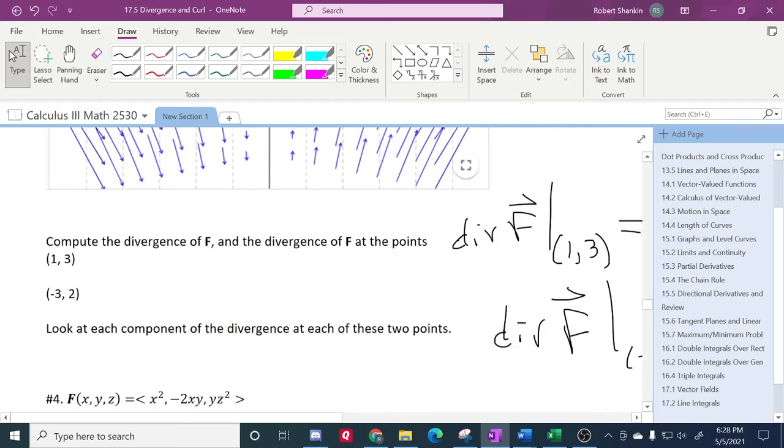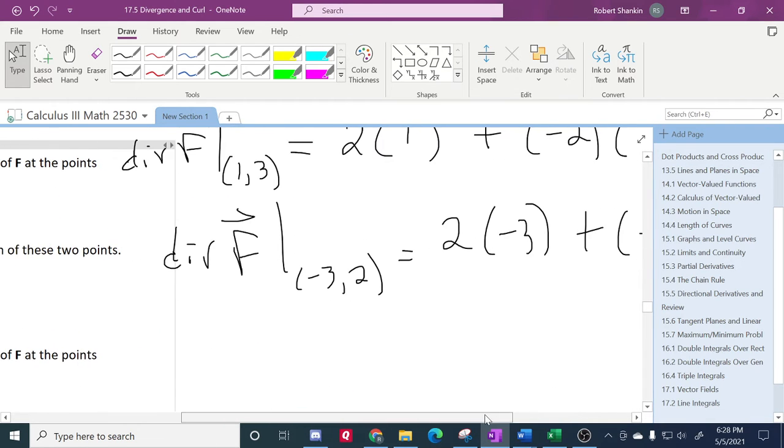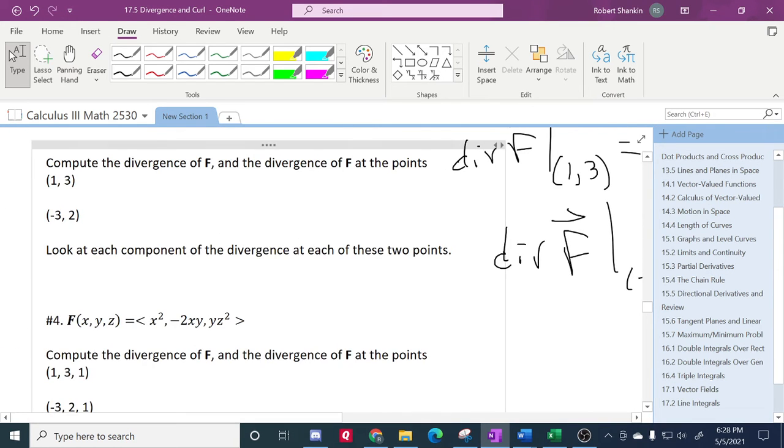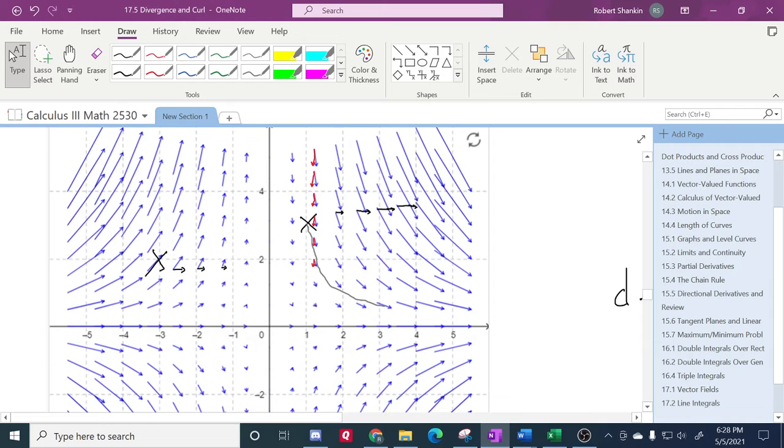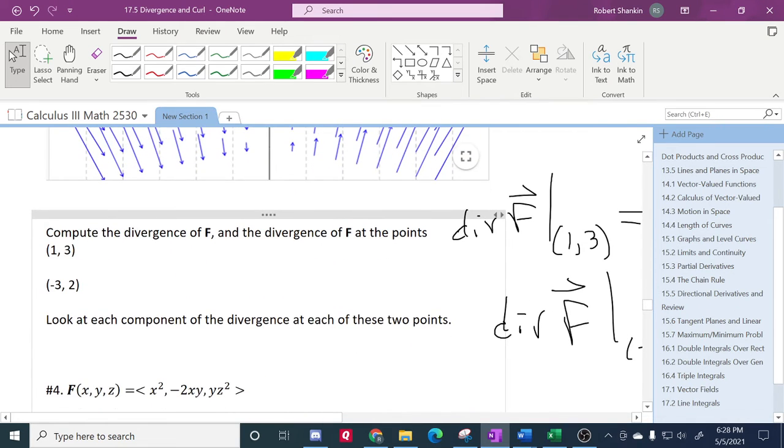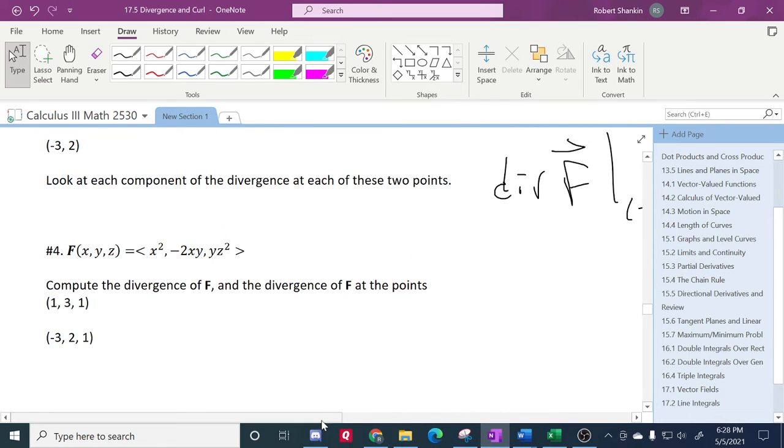So that's why this is negative. And as I move in the y direction, let's go, here's the nearest ones. The y component of these vectors is getting larger. And these two are going to balance each other out.